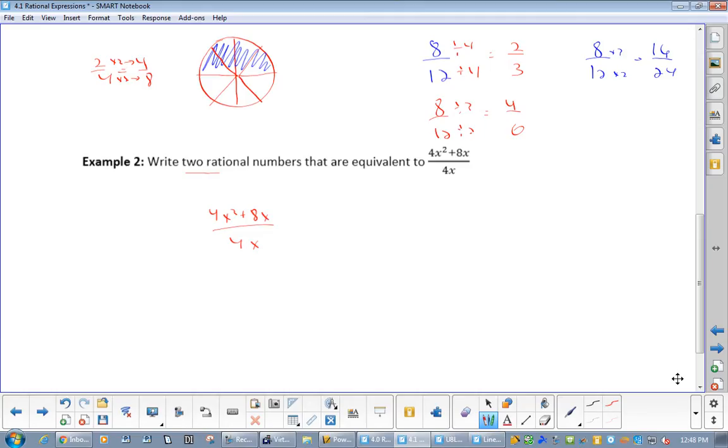Okay? So if I took this and multiplied by 2 and that multiplied by 2, just make sure that you're hitting both of these, not just one of them. So that would be 8x squared plus 16x all over 8x. And then you would have to say that x cannot equal 0.